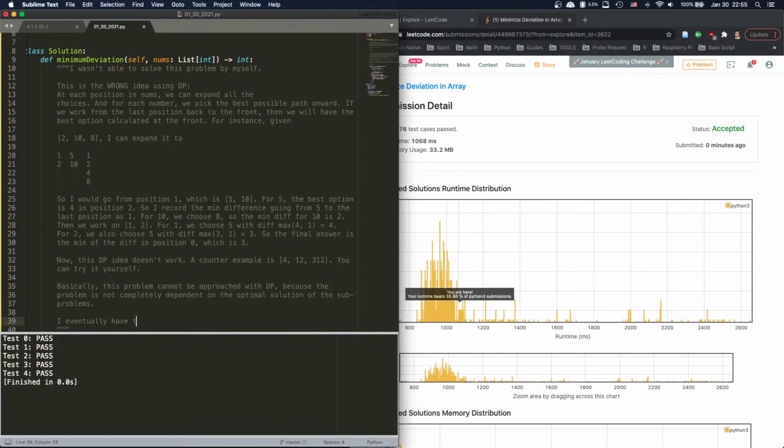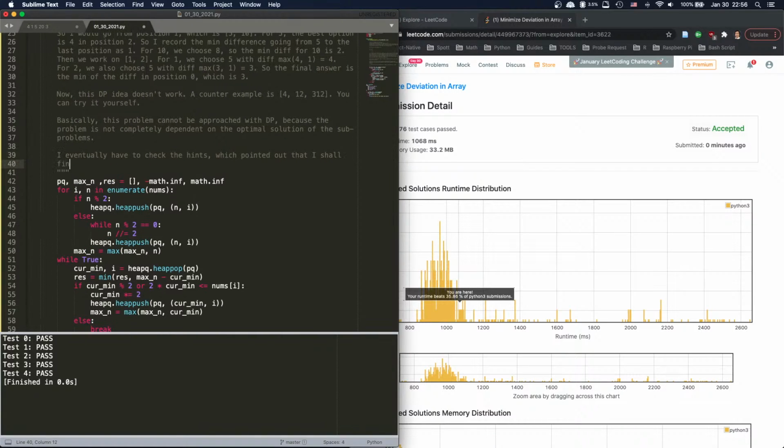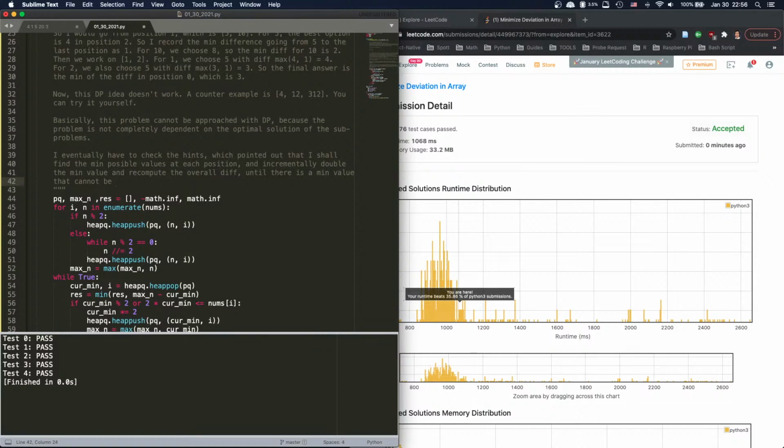I eventually had to get the hint, which pointed out that I shall find the min possible values at each position and incrementally double the min value, and we compute the overall diff until there is a min value that cannot be doubled.